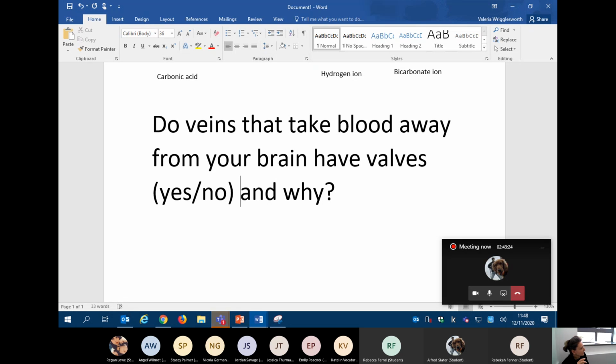Now, in which direction is gravity working? If I'm moving blood from brain towards my heart, it's helping me. So there's no need to have valves between your brain and your heart. So the correct answer is no. You do not have valves in the veins which are draining blood from your brain.